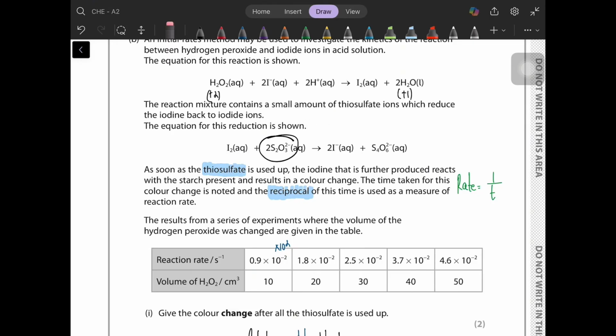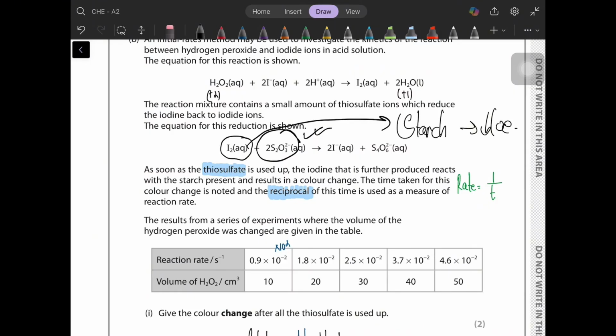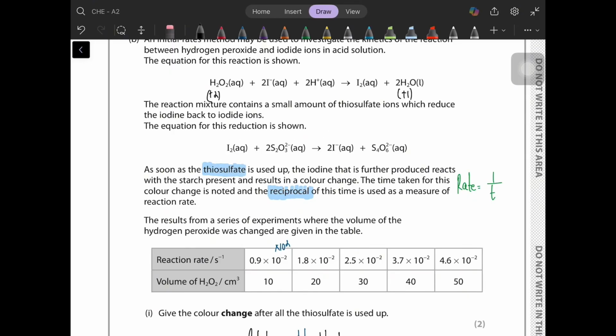And thiosulfate is limiting over here, and once all of the thiosulfate gets used up, the surplus amount of iodine that remains in the solution reacts with starch to form a blue-black color. You record the time for the blue-black color to appear, and you can use the formula rate equals 1 by the time taken to produce the certain amount of iodine needed to turn the starch blue-black, to find the rate of the reaction. So that is what it really means in this question.